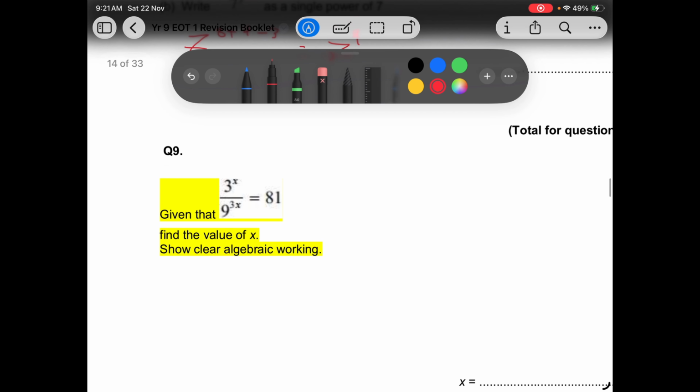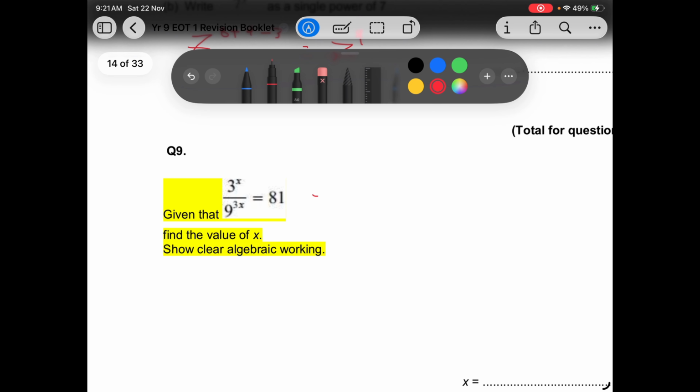Here, guys, I have this, and I call this an exponential equation, EQ for equation, because I have x unknown and I have powers, and equation because of the equal sign.